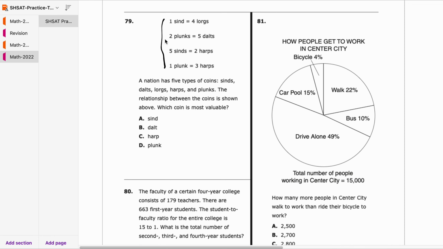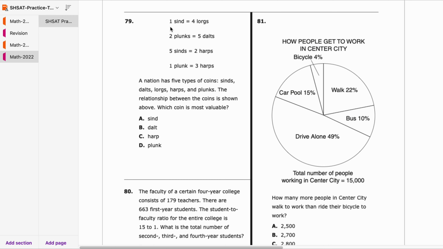So one of the things that we can do is look at this and this right here. If I multiply this by 2, then I get 2 plunks is equal to 6 harps. And here I have 2 plunks is equal to 5 dolts. Actually, sorry, let me redo this.